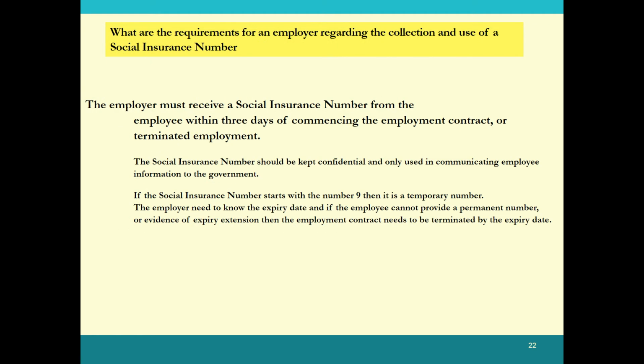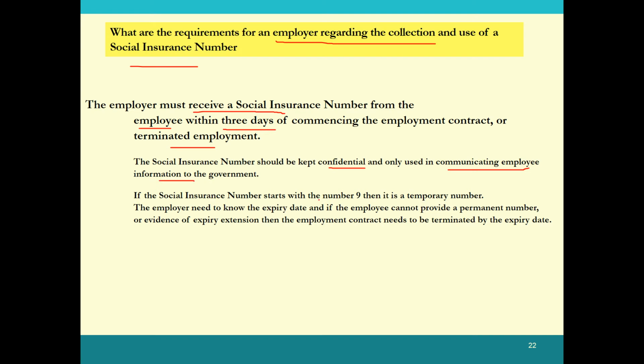Now, what are the requirements of an employer regarding the collection and use of the social insurance number? As we mentioned, the employer must receive a social insurance number from the employee within 3 days of commencing employment, or terminate employment if they cannot provide it. The number should be kept confidential and only used for communicating employee information to the government.